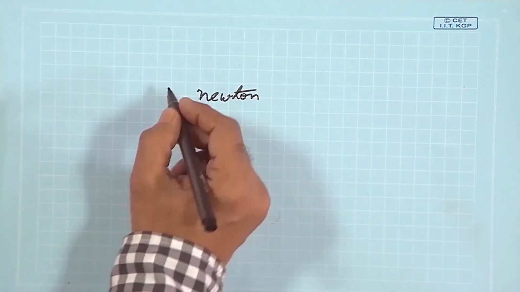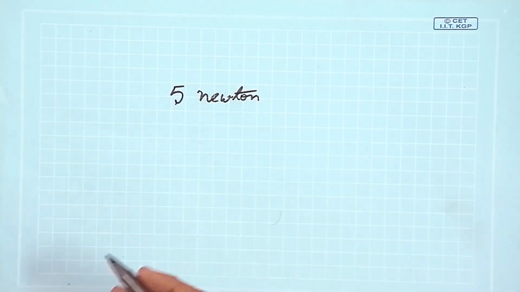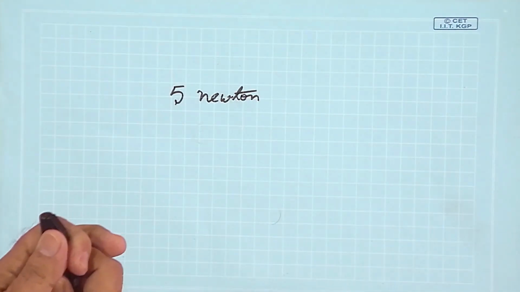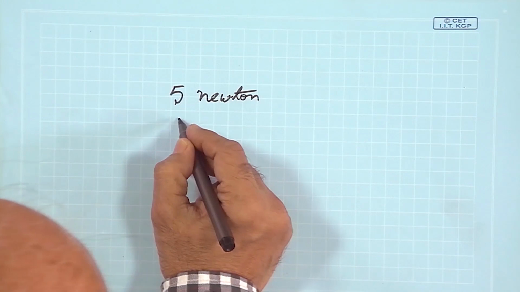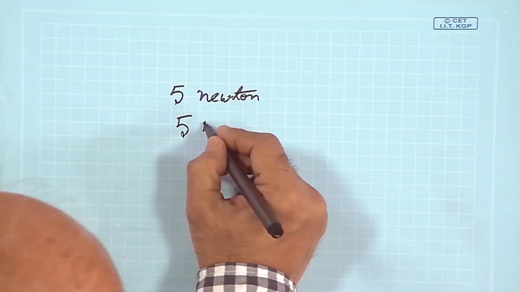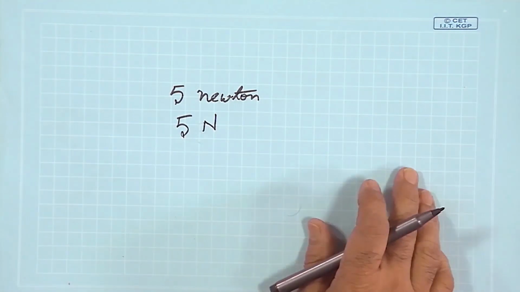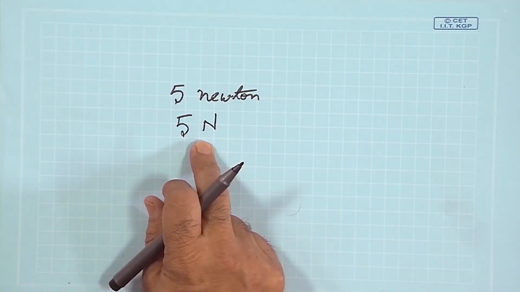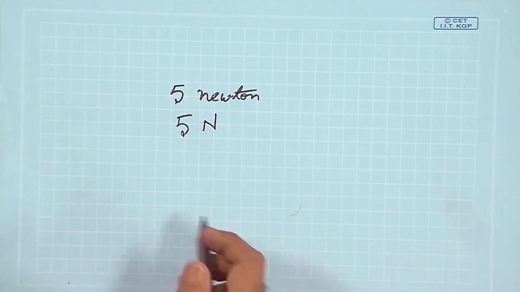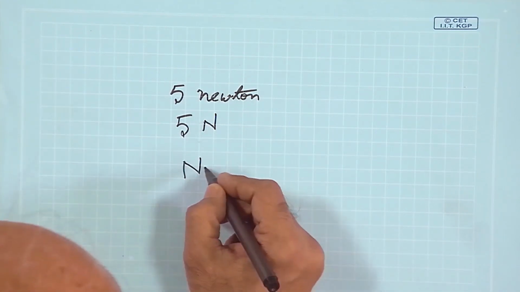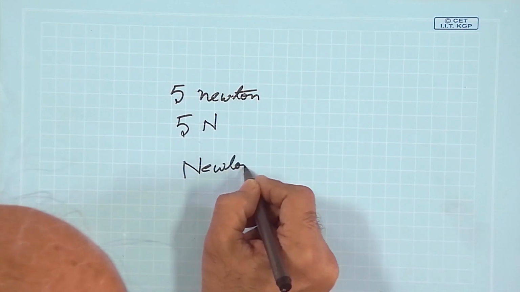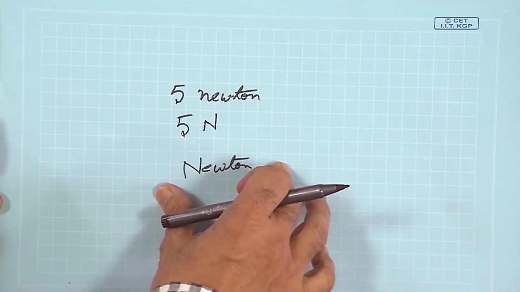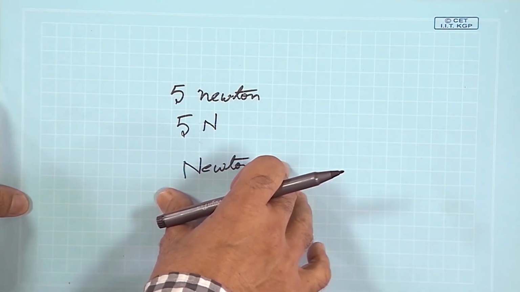For example, if I talk about 5 newton, I am talking about 5 newton force, and symbolically, the capital letter N comes as the symbol for newton, and this also refers to 5 newton force. Whereas, if we write it like this, then this essentially refers to our good old scientist Sir Isaac Newton.